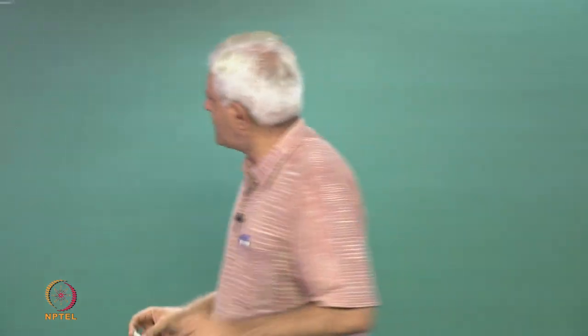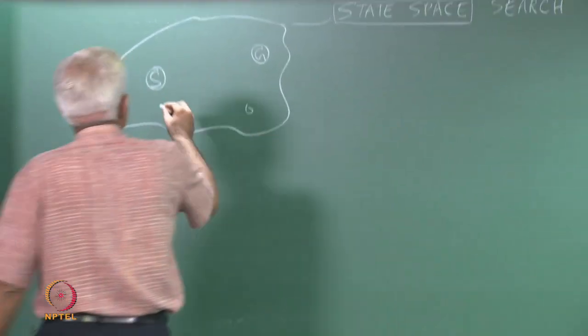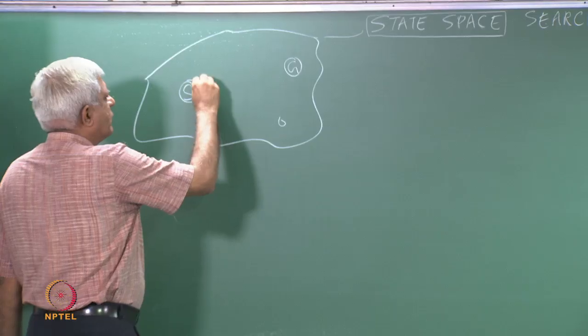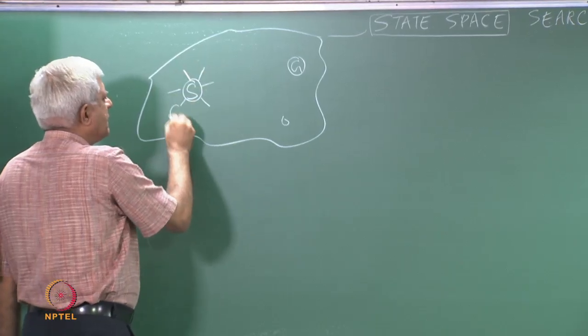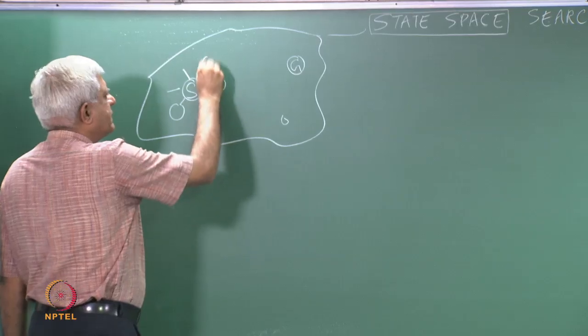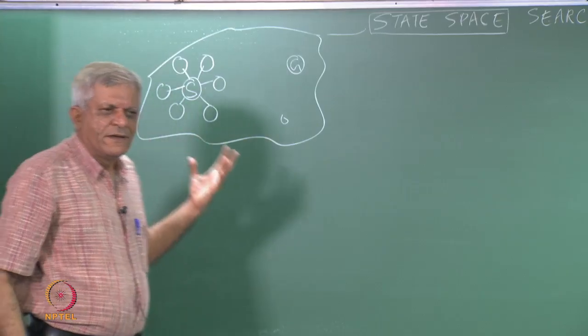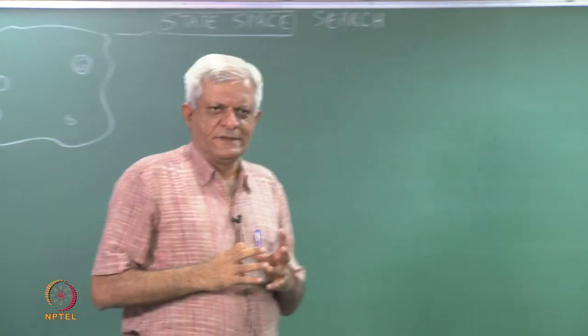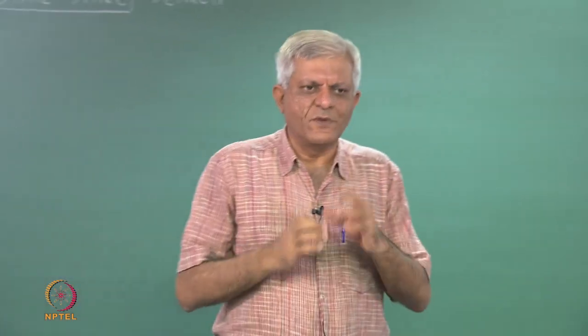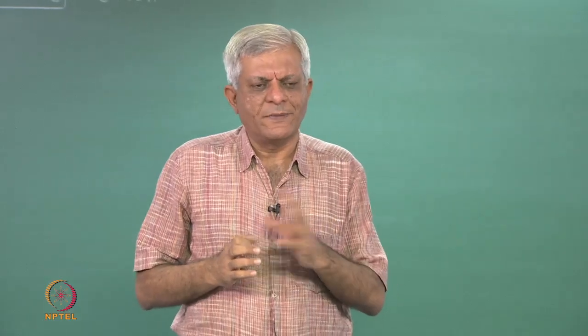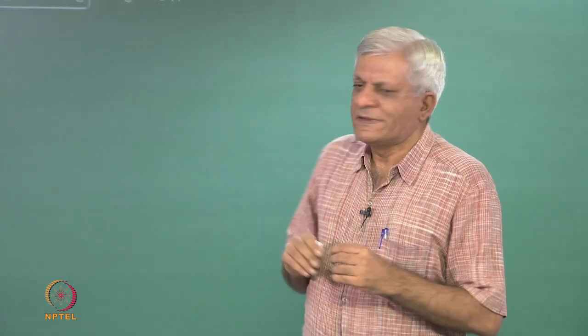So, we will model this process as moves which will take you from one state to another state. In this case I have drawn 6 states. So, if in some problem you can make 6 moves in a given state, then the graph would look like that.